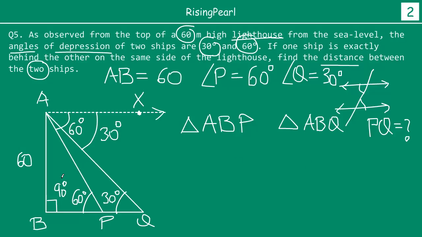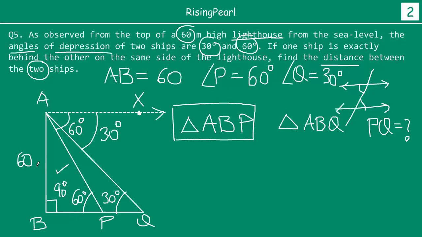So first we are going to take a look at this small triangle, ABP. So we are going to focus on this triangle ABP. So in this triangle, this angle is 60 degrees. Now we are trying to find out this length.